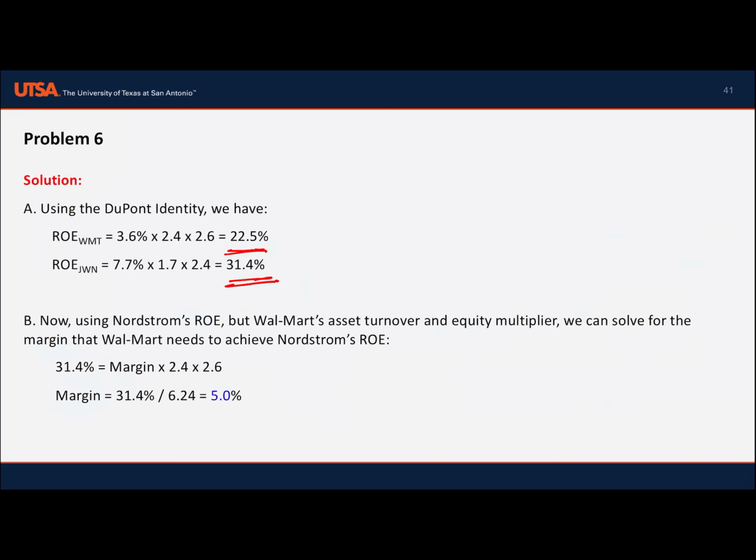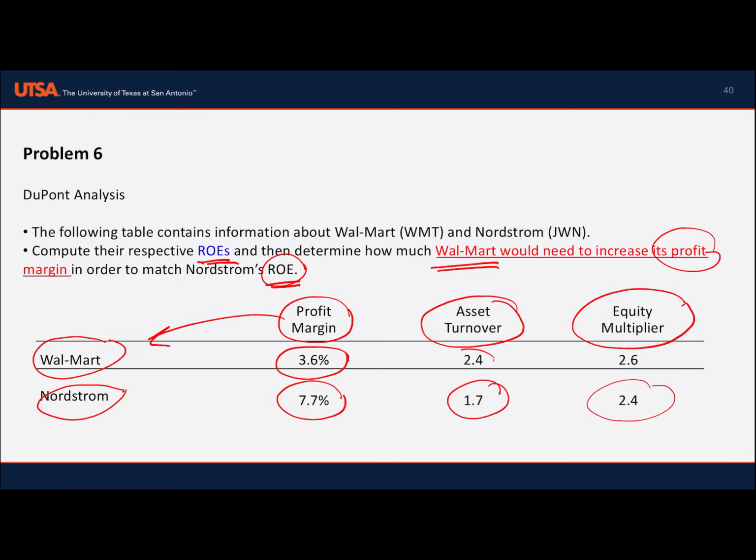It's easy. As we know, the Nordstrom return on equity is 31.4, and we already have the asset turnover and equity multiplier for Walmart.